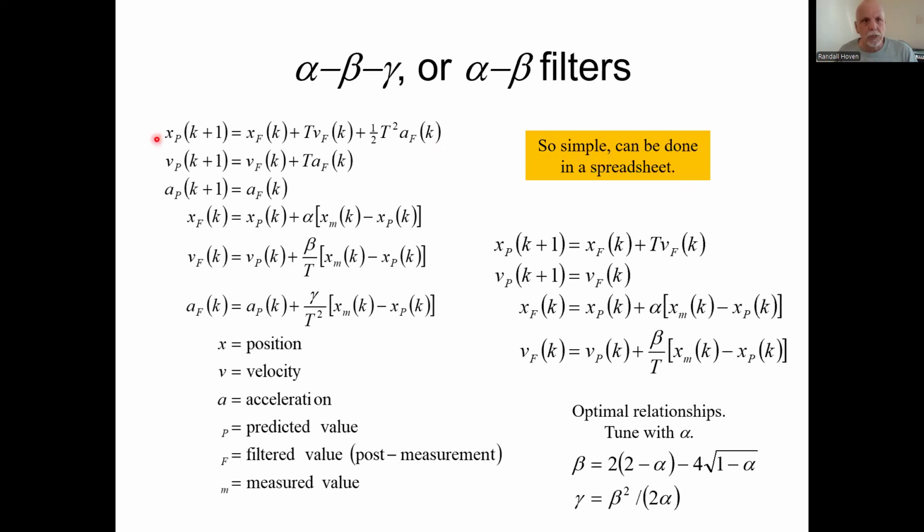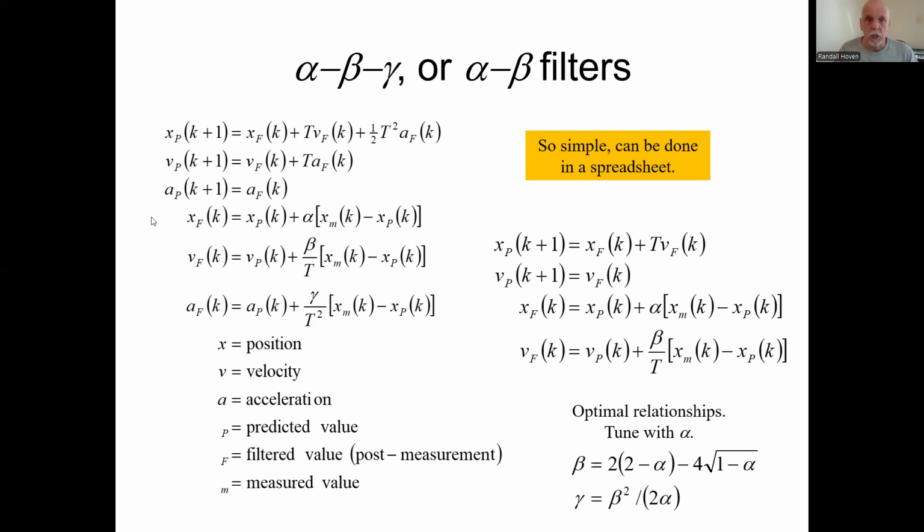These three equations up here are the three state variable approach, and this is the two state variable approach. These are called the alpha beta gamma filter over here, and this is called the alpha beta filter over here. For historical reasons, people started analyzing these using alpha, beta, and gamma to describe your gains.